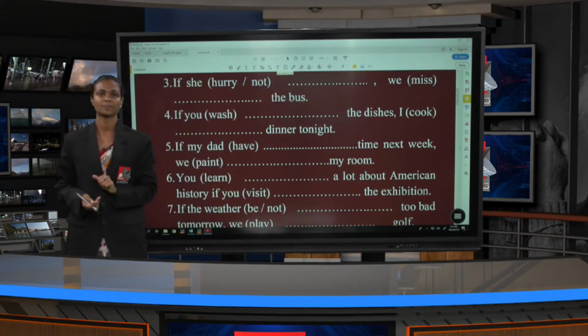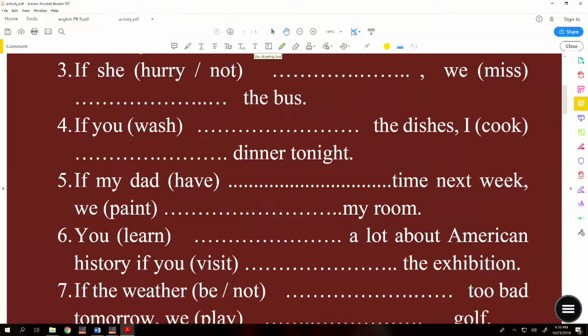Read it carefully. If she blank, we blank the bus. Verbs are given: hurry and miss. The first if clause gives negative sense. Not is given. ඇය ඉක්මන් නොවුනොත් අපිට බස් එක මග හැරේවි.